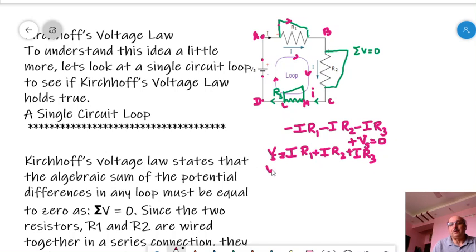So Vs is equal to I times R1 plus R2 plus R3.